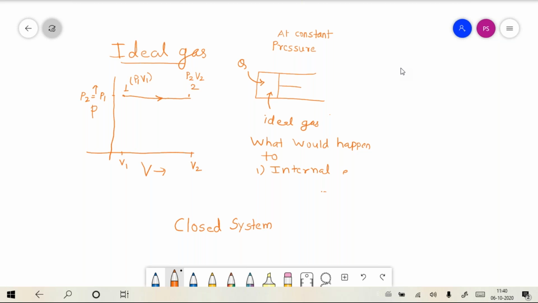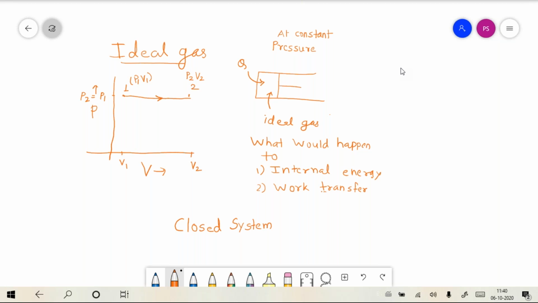What would be the direction of work transfer, and whether the internal energy would decrease or increase, and what would be the work transfer? Are you getting the question? We are talking about a piston cylinder arrangement.